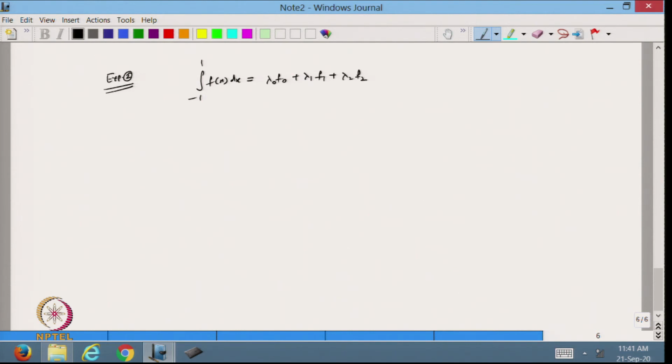So, this is given to me. Now, from here this is my minus 1 and this is 1, and my function is defined like this, and I want to find this integration.